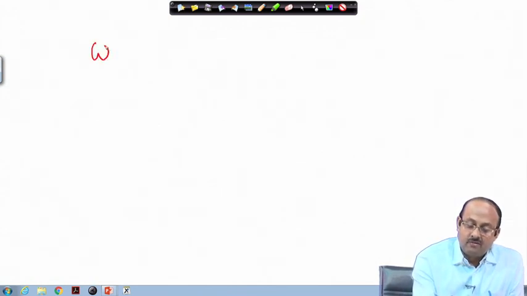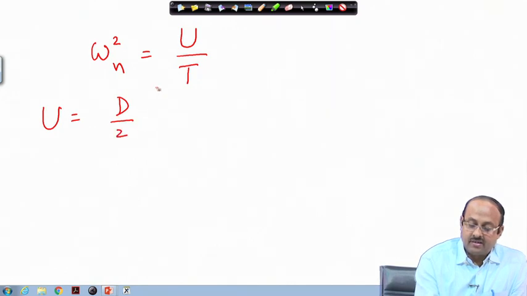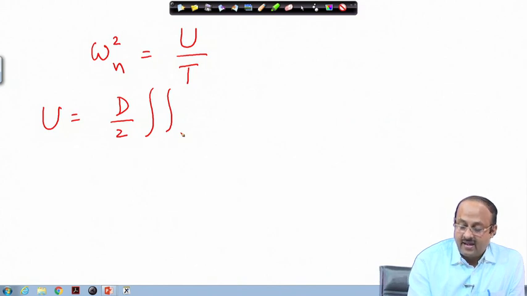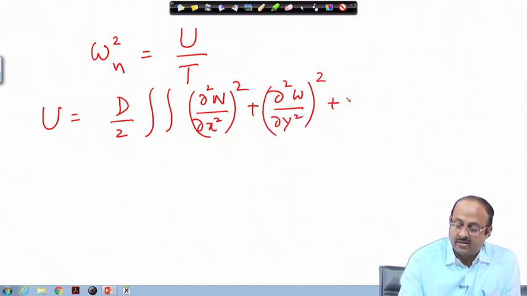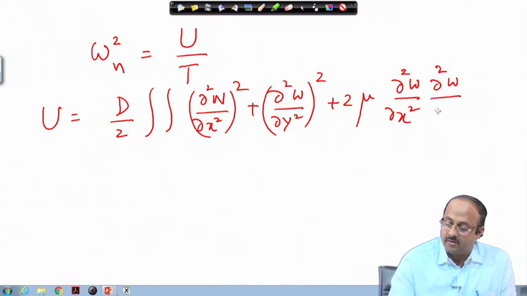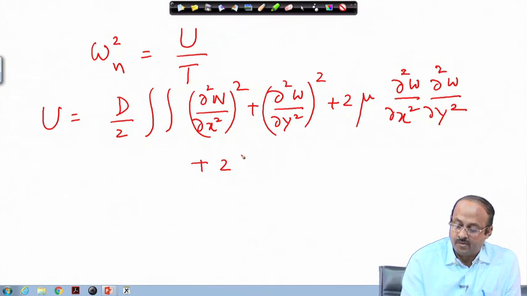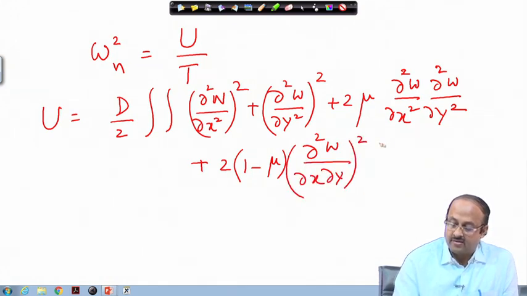We have seen that the estimated value of natural frequency square is the potential energy divided by the kinetic energy, where the potential energy has a complicated looking function, which is a double integral over the entire plate: del 2 W del x square, del 2 W del y square, plus twice Poisson's ratio del 2 W del x square del 2 W del y square, plus 2 times 1 minus mu, Poisson's ratio, del 2 W del x del y, square, and the double integral.